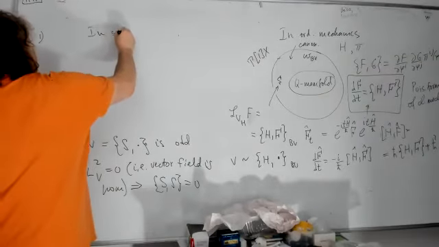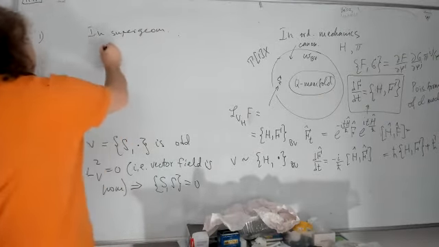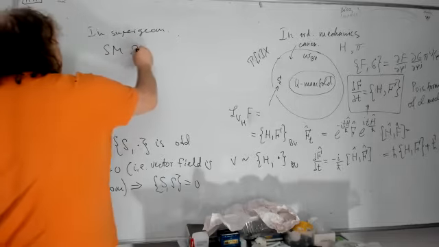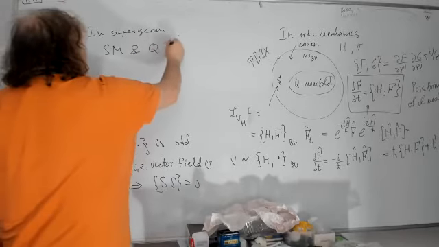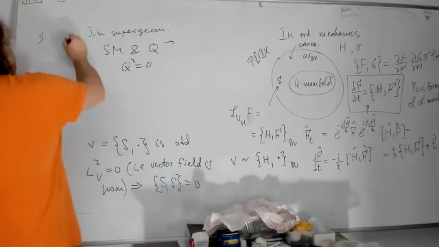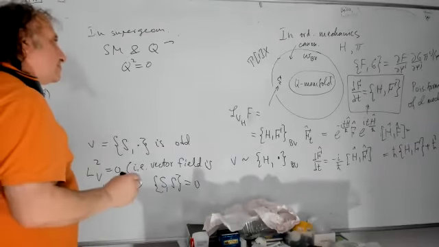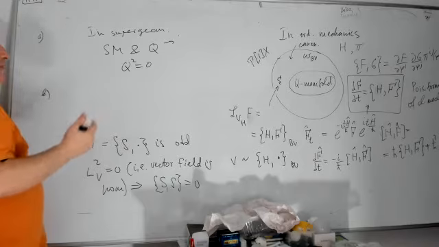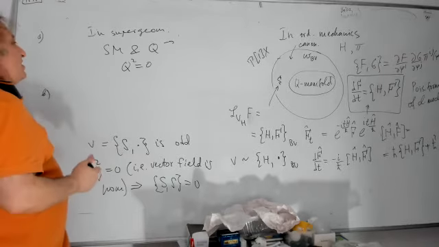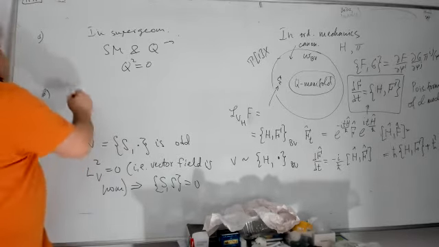In supergeometry, the proper thing is a supermanifold and Q with the condition Q square equals 0. So Batalin and Vilkovisky said, let us add additional structure.